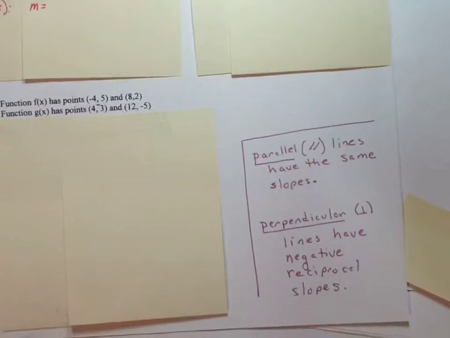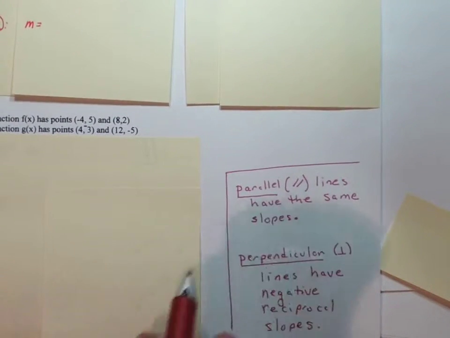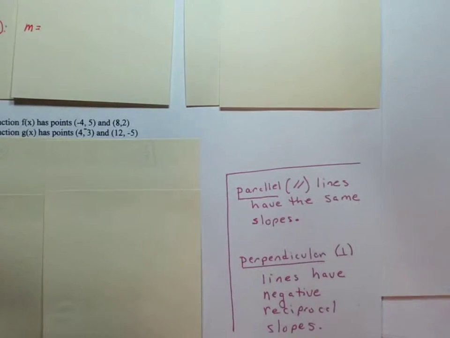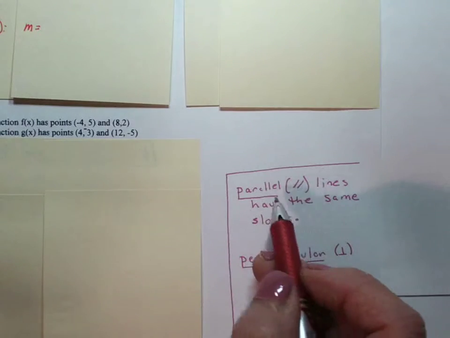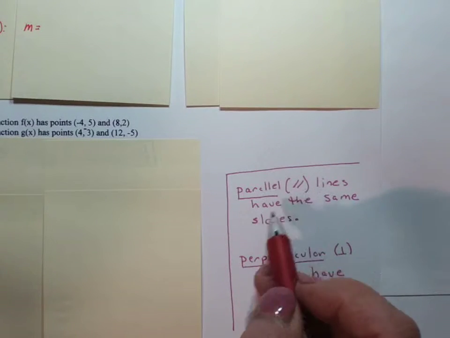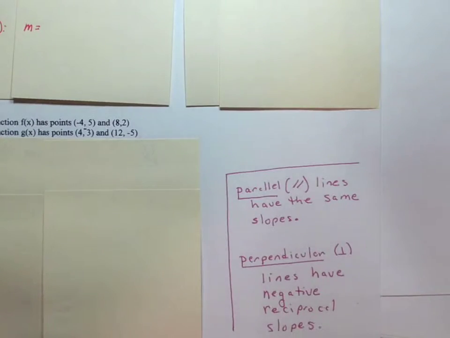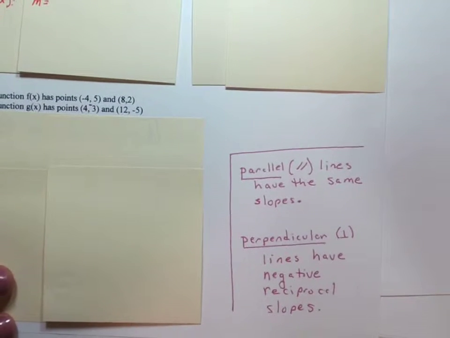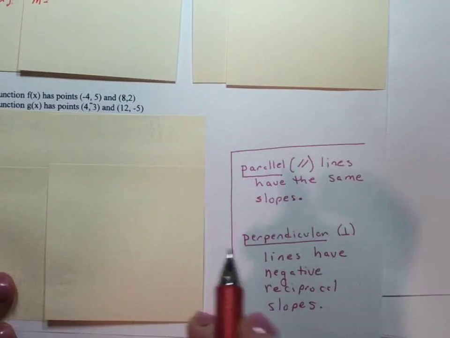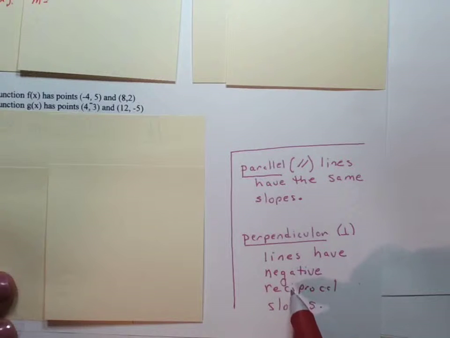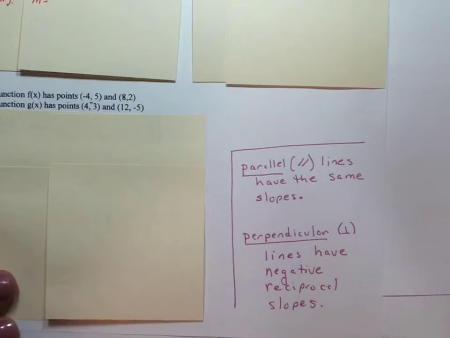you should write these rules down. When we find the slopes, parallel lines have the same slope. Perpendicular lines have negative reciprocal slopes.